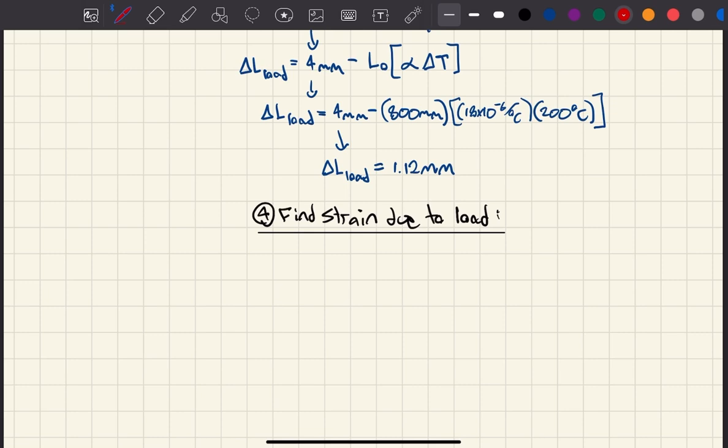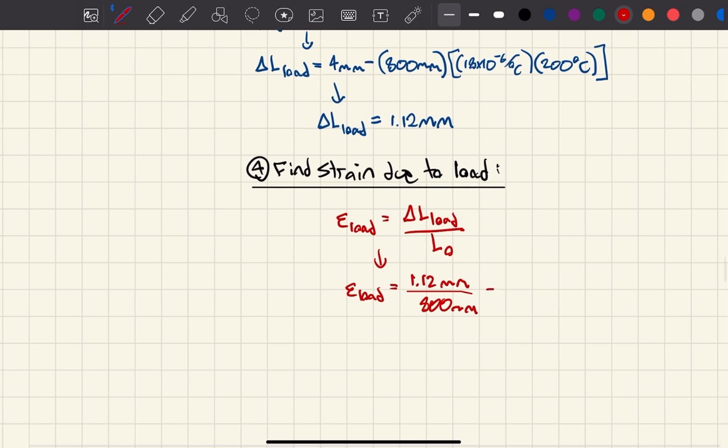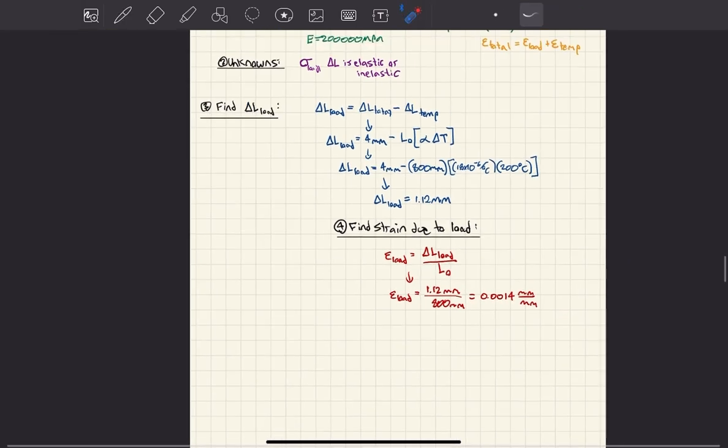I know that strain due to the load is equal to the change in length due to the load divided by the original length, 1.12 millimeters divided by 800 millimeters. This is going to give me a value of 0.0014 millimeters per millimeter. Perfect. I have my strain value due to the load.